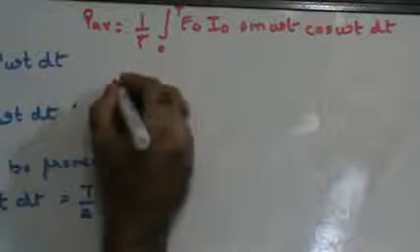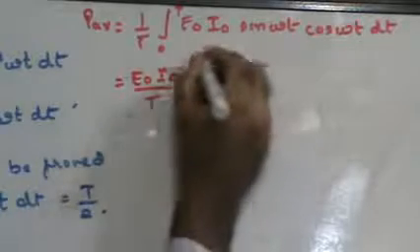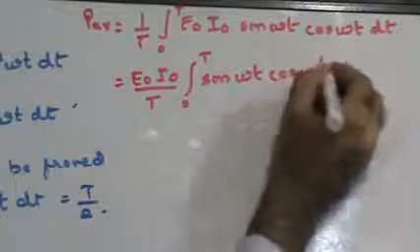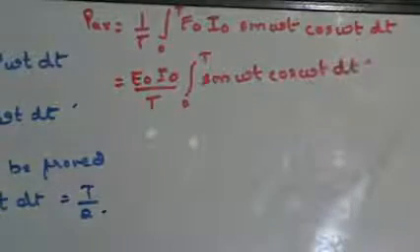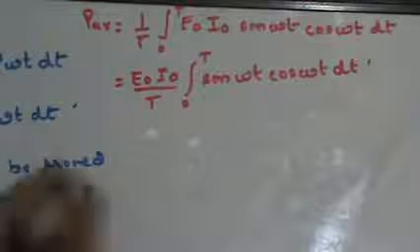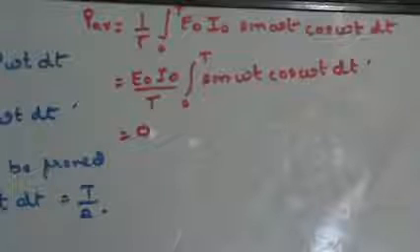Now this can be written as E0 I0 upon T integral of 0 to T sine omega t cos omega t dt. But we already said that the value of this integral is 0. So the average power in a circuit with only inductance is going to be 0.